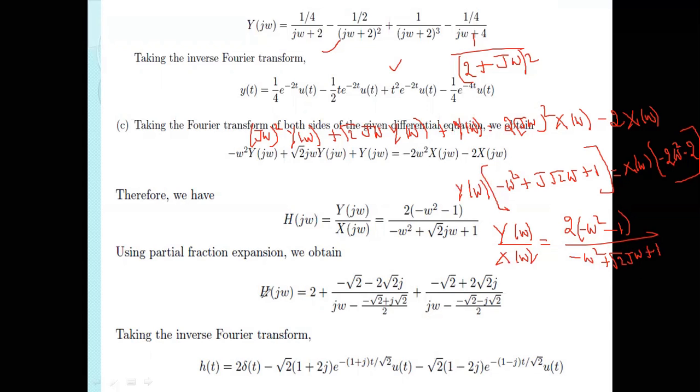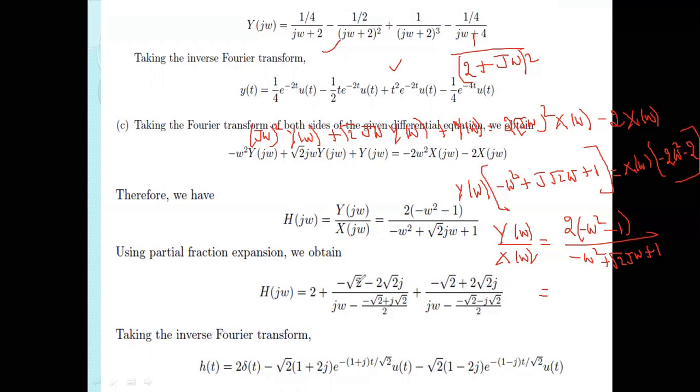Then h of omega, we can write it as two parts. One is 2 plus, after simplification, the omega square plus 2 root 2 j omega plus 1. You can write the factors of the denominator. After that, using the partial fraction expansion, the omega square in the numerator and the omega square in the denominator have the same order.